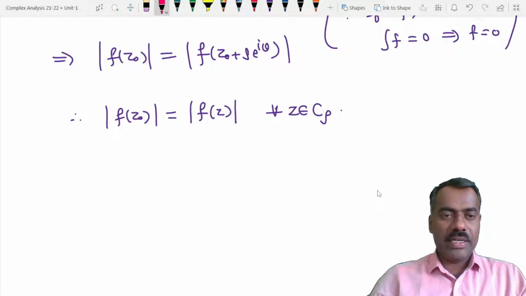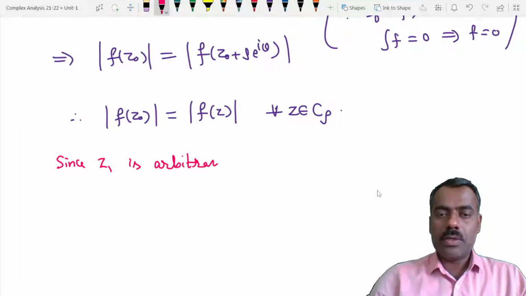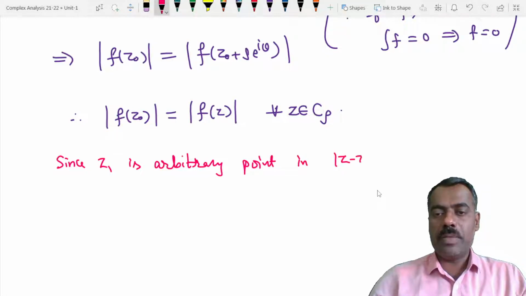This in particular, but since z1, okay, is an arbitrary point in the neighborhood mod z minus z0 is less than epsilon, we get that.